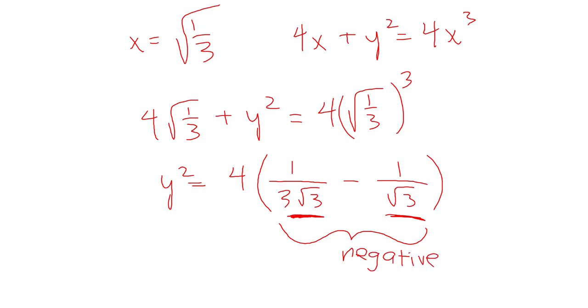And if the thing inside of there is negative, and I have y squared equals a negative, well, that has no real solutions. So x equals square root of 1/3 doesn't yield us any actual solutions in our original equation. So halfway there. Now we'll do this with x equals negative root 1/3.